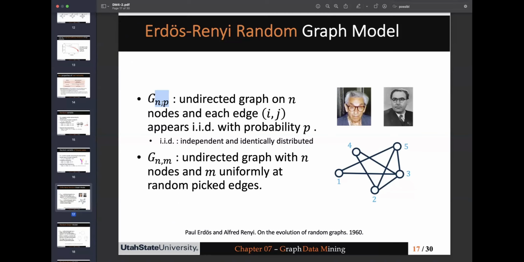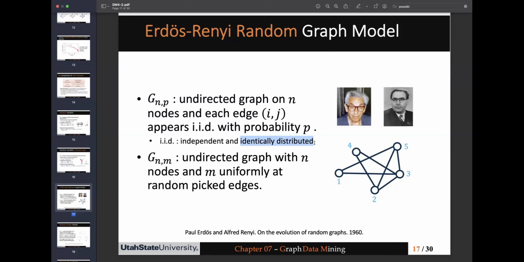So more specifically, each possible edge appears independently and identically distributed, just like it's written here. So we call this property being IID, right? With probability p. So you can think of this as flipping a biased coin for every pair of nodes. So with probability p, the edge exists. With probability 1 minus p, it does not, right?